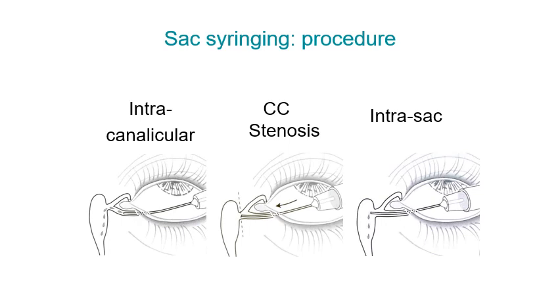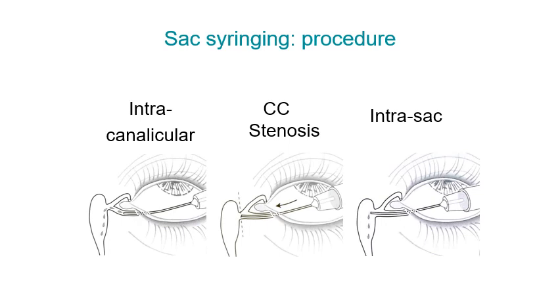Third one, saline irrigated through the lower punctum, and it comes after some time with discharge from the upper punctum. Fourth, the saline goes inside the nose, and some part of the saline comes through the upper punctum.